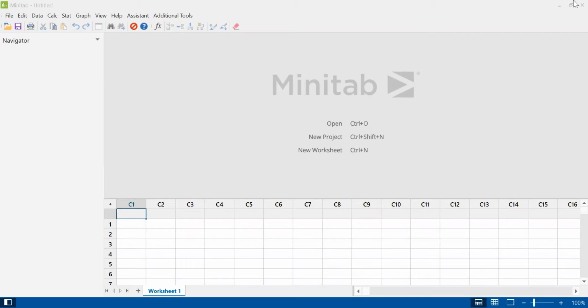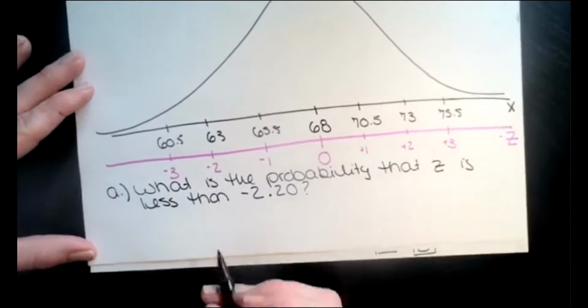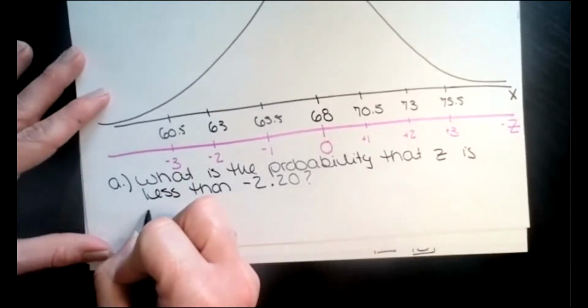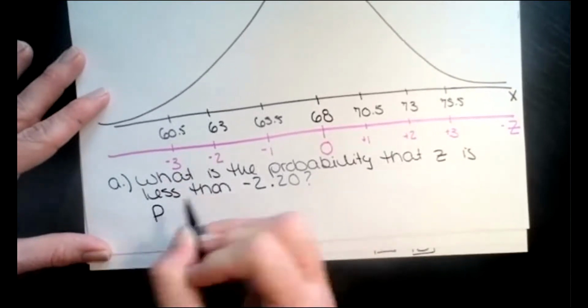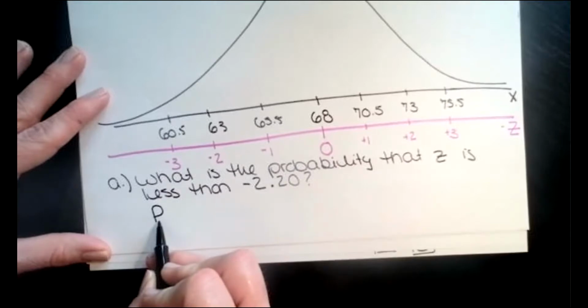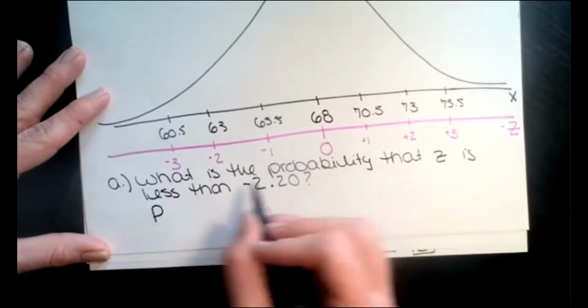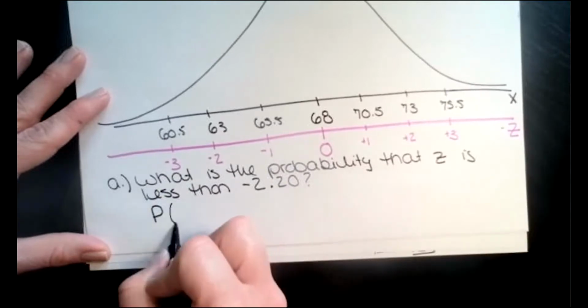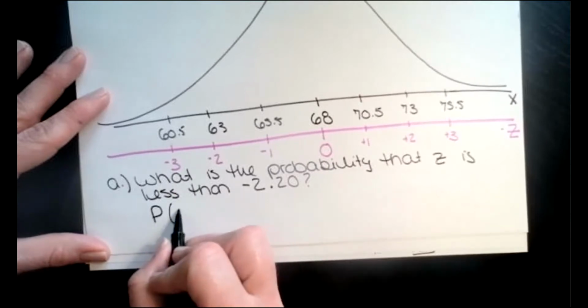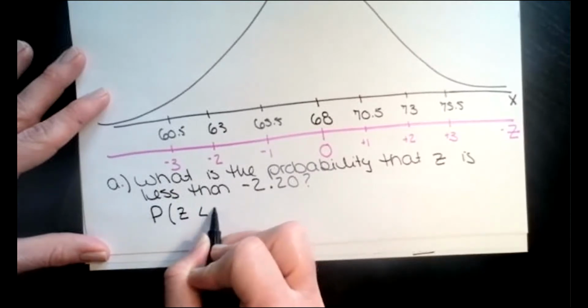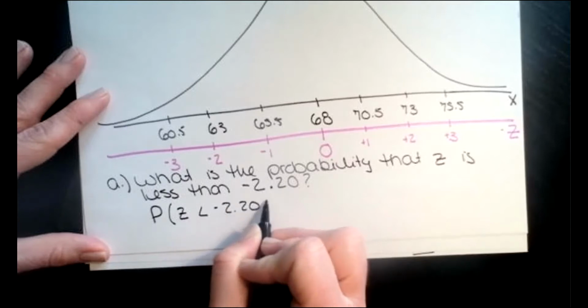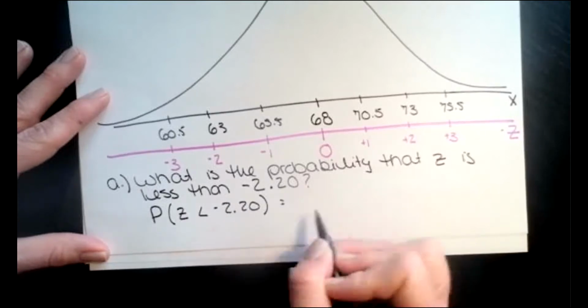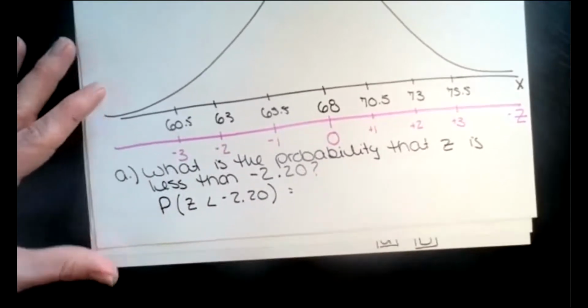So actually, you know what? Let me go back to this and just show you the notation. Since I'm searching for a probability, I'm going to start with capital P, and it says that Z is less than -2. So I have Z is less than -2.20. Okay. And now I know I'm finding a probability.